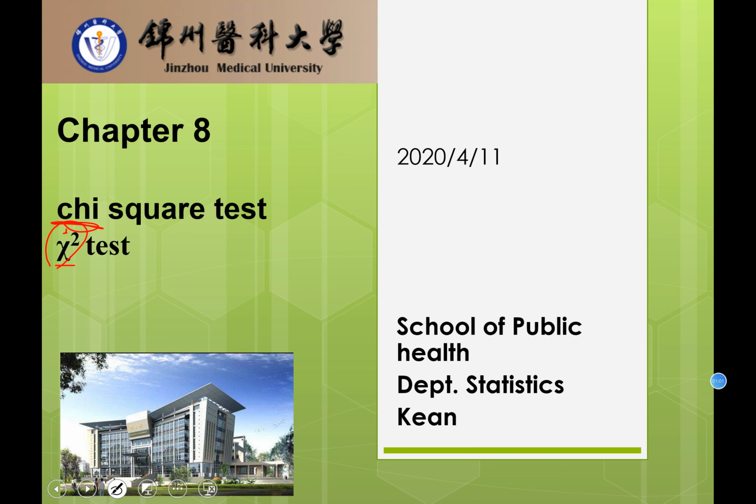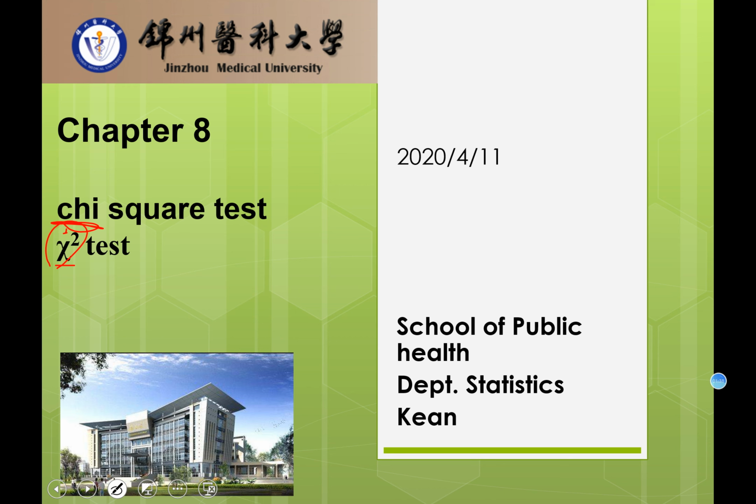We have previously noted that data may frequently take different forms. For example, in chapter 1, we have mentioned that we can divide the data into different types. For example, numerical data, categorical data, and ordinal data. And we said that for numerical data, for the hypothesis test, we can use t-test, z-test, or ANOVA.